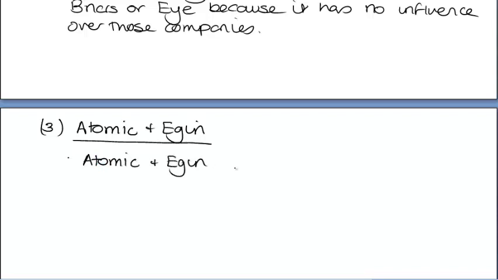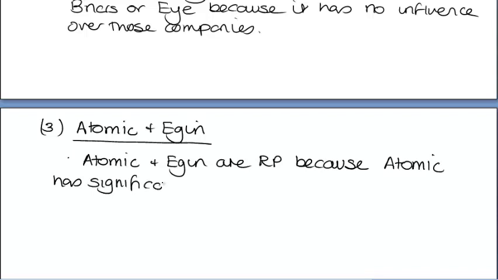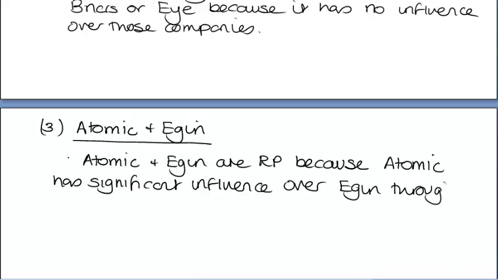Atomic and Egin are related parties because Atomic has significant influence over Egin through owning 30% of the shares.